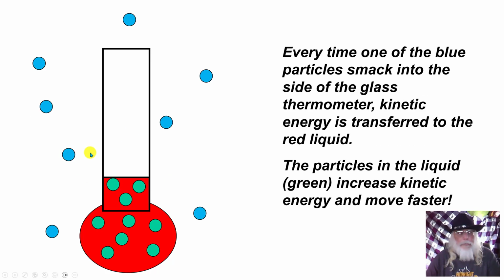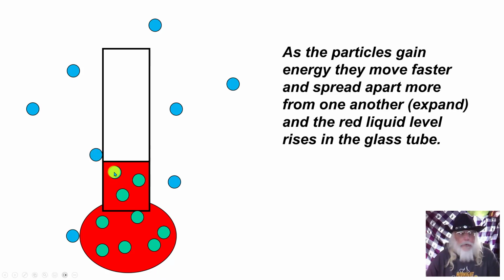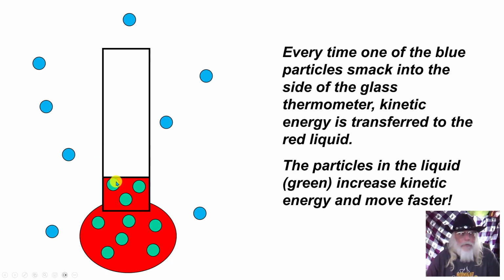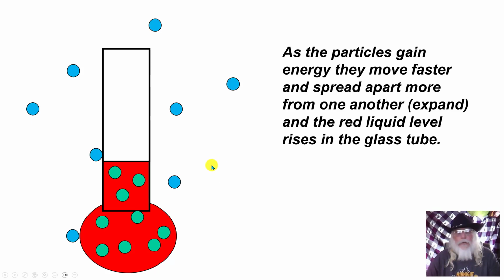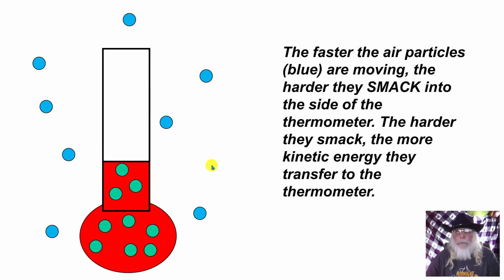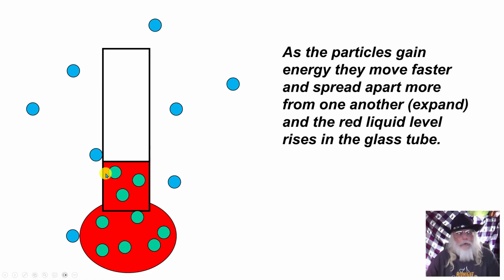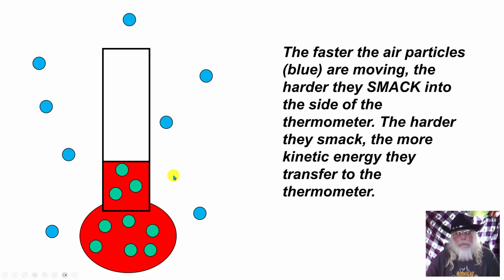So you can see the blue particle smacks into the glass. The green particles are going to move faster, and they're going to make the liquid level move up. The faster the air particles, the blue, are moving, the harder they smack into the side of the thermometer. And the harder they smack, the more kinetic energy they transfer to the thermometer. So here we go, hitting into there, they're going to make the green particles move faster.